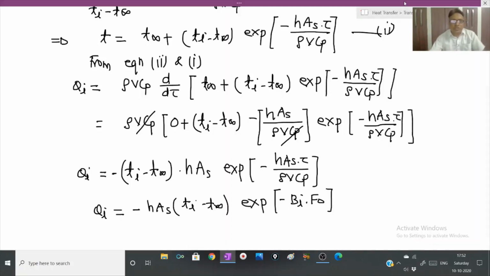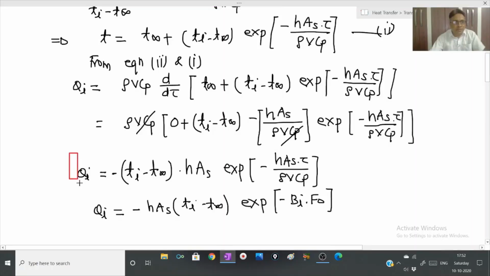So these two expressions are the expressions for instantaneous flow rate in case of transient heat conduction.